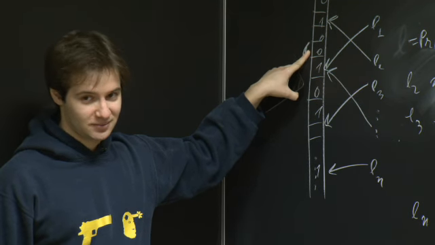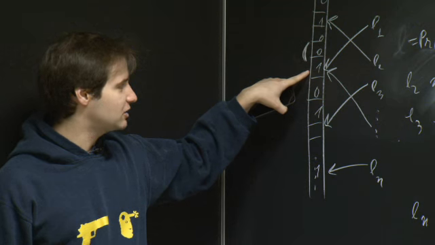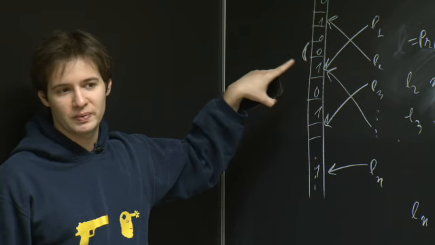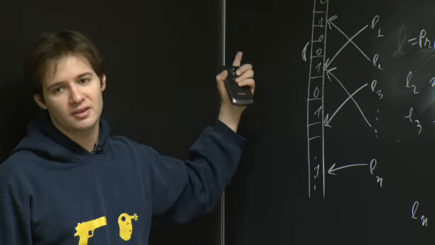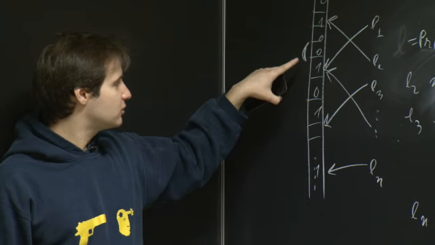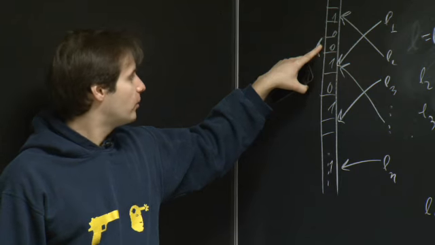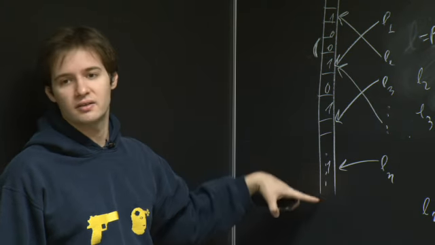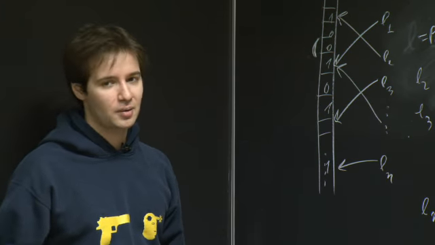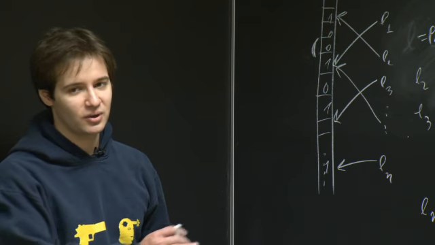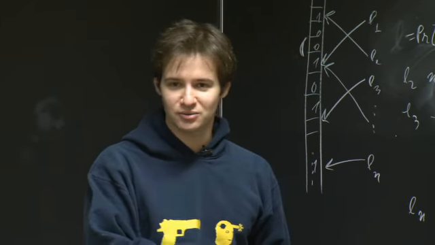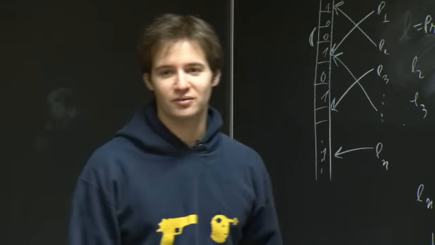Exactly. The probability that it would hash here is 1 over m, because it has to pick that one slot out of m possible slots. But if all I want is that it doesn't hash here, it can hash anywhere else. So it has m minus 1 options. It can go to any of those m minus 1 places, just not to that one place. So m minus 1 over m.